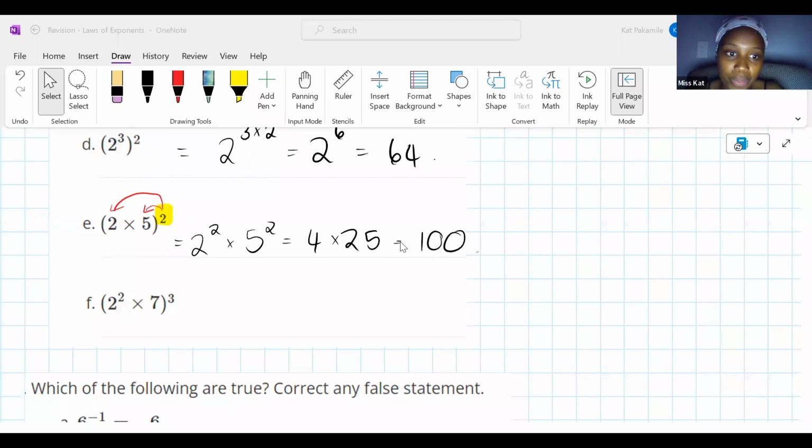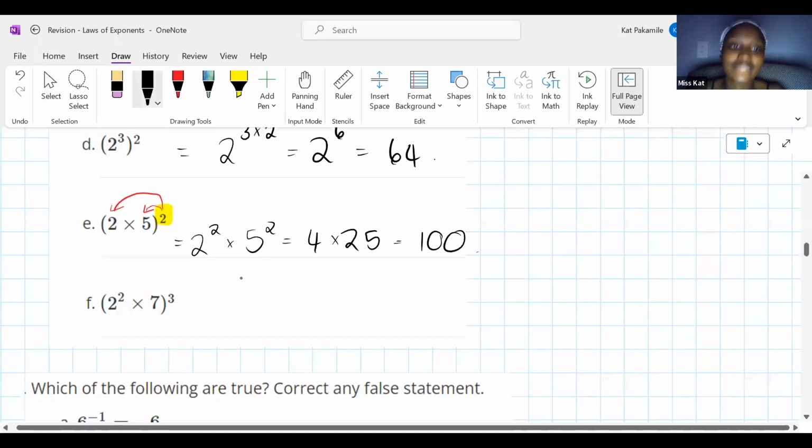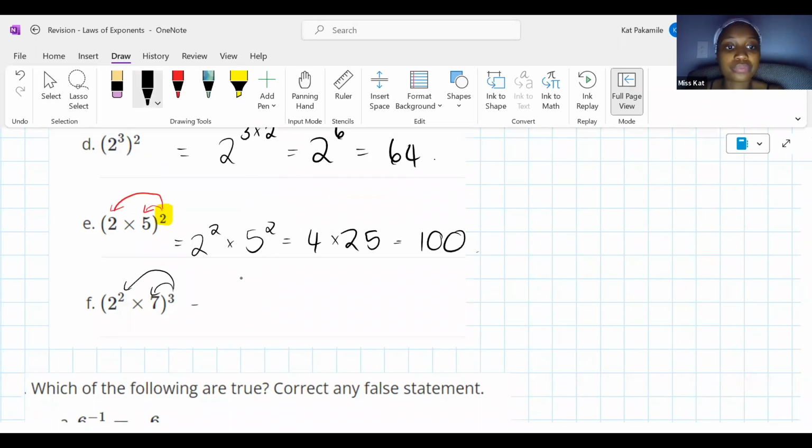Okay, ma'am, we're going to distribute the 3. So we're going to say 2 to the power 2 plus 3 times 7 to the power 3. Remember, Itumeleng, when you distribute this 3, it already finds the exponents there.